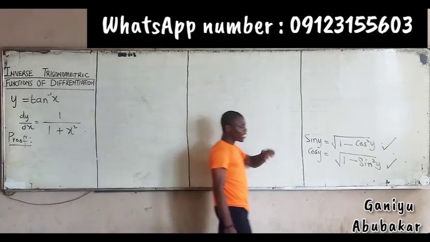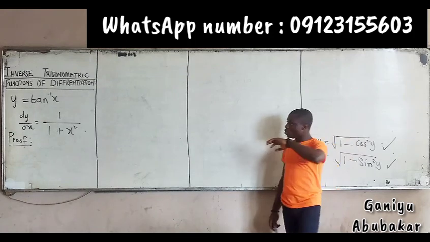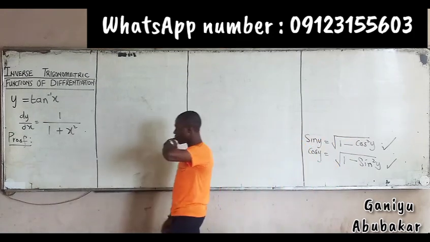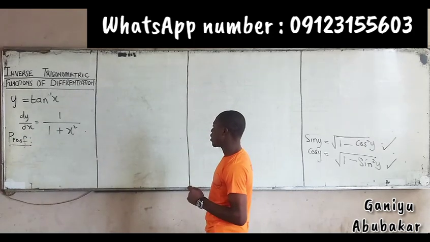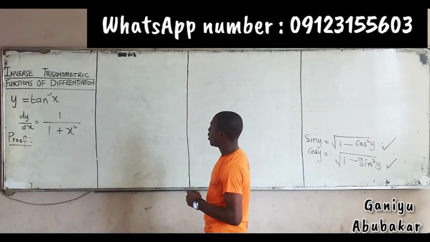Given that y is equal to tan inverse of x, dy over dx is equal to 1 all over 1 plus x squared. Proof.